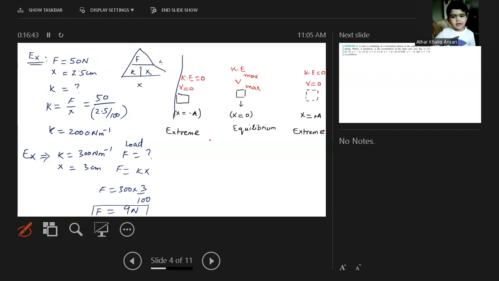And when we talk about potential energy, it behaves like the acceleration. First of all, we need to talk about how acceleration behaves.